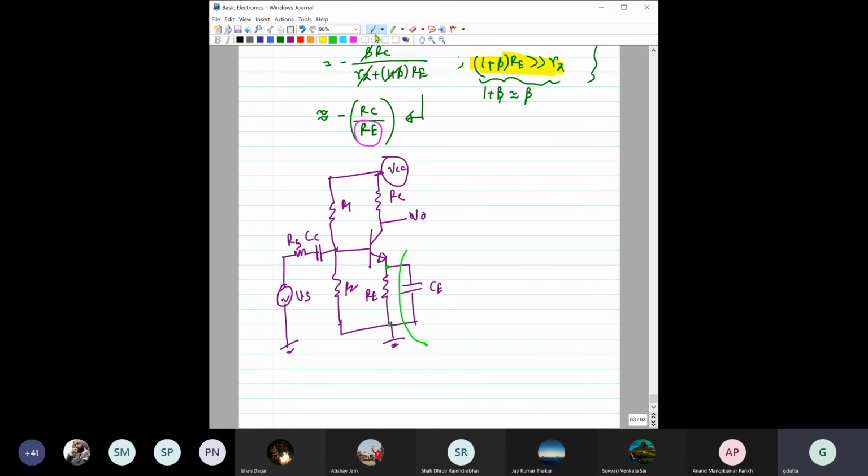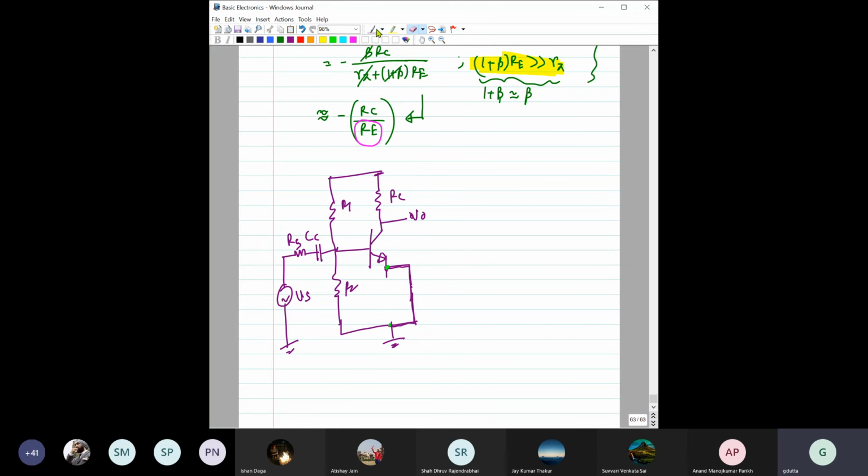However, when you are considering the AC, then what will happen? During AC, this capacitor will behave as a short circuit, right? So this capacitor is now shorted. So this point is already shorted. Then what is the point of keeping this RE during AC analysis?